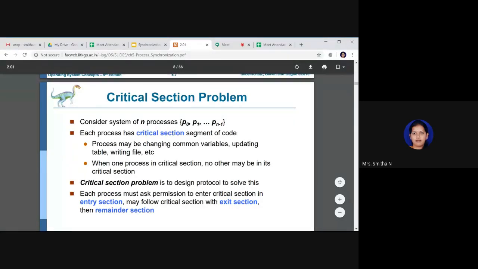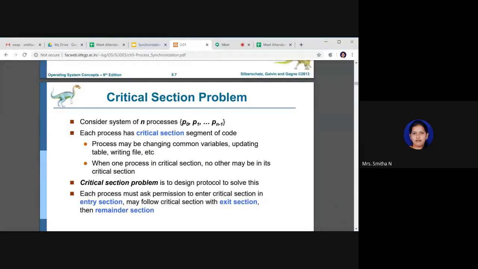I told you that each of the n processes shares a code segment called the critical section. When we have a shared section in the program which has a common variable or updating a file, reading and writing, that critical section could be executed only by one process at a time.